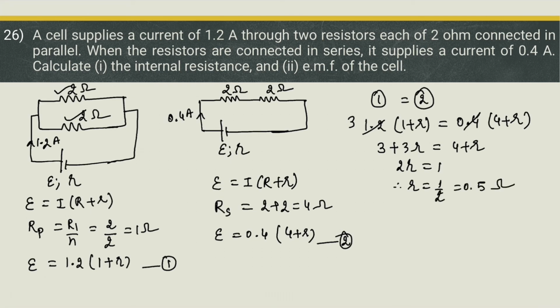So internal resistance we got 0.5 ohm. Now when I substitute this value of small r in equation number 1, we get EMF value, that is 1.2 times 1 plus 0.5, 1.2 into 1.5, and that answer is 1.8 volt. So EMF is 1.8 volt.